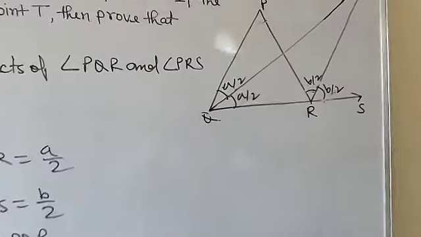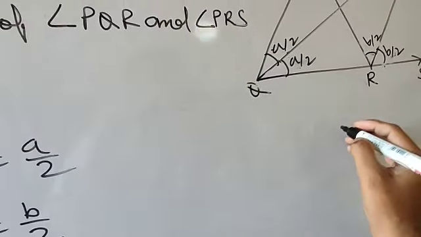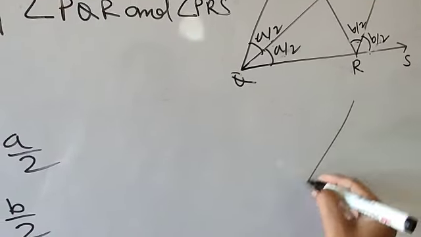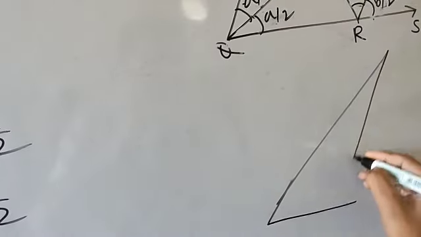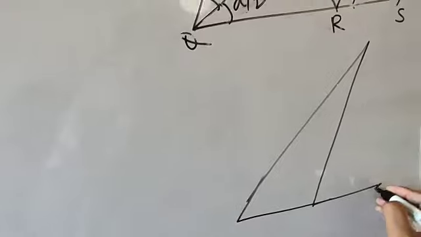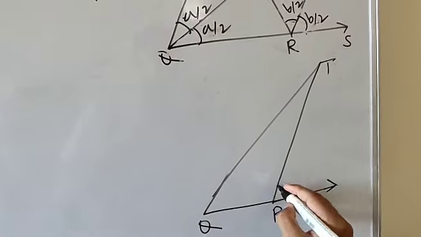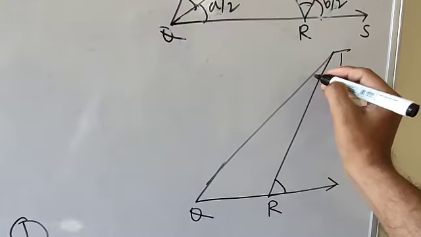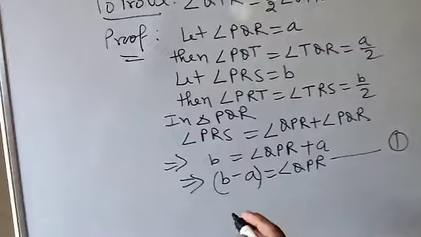Now students, I am going to take the second triangle TQR. Here I am going to draw the second triangle TQR. The second triangle is like this. So here this angle is the exterior angle, and this angle will be equal to the sum of these two angles.